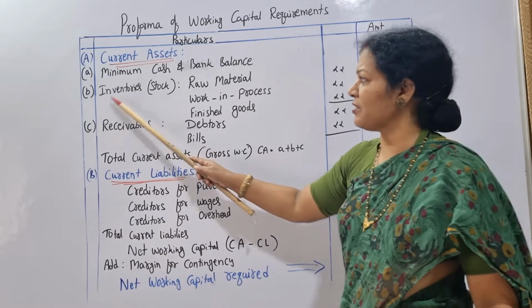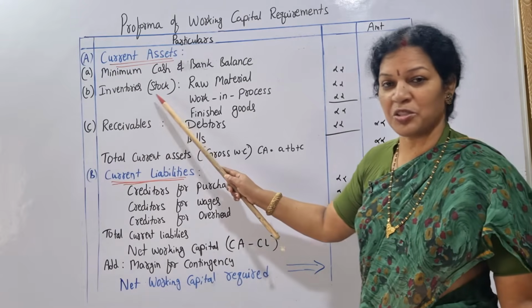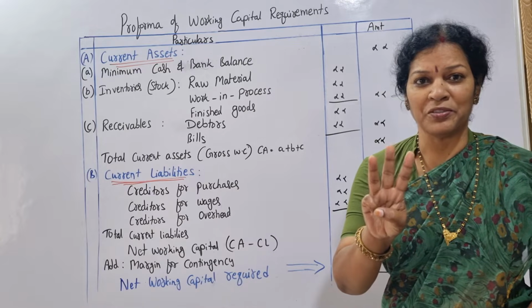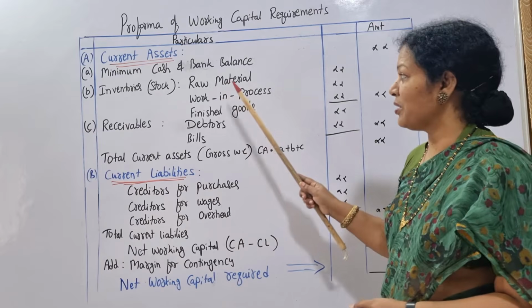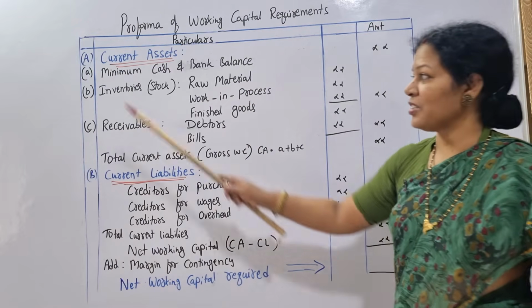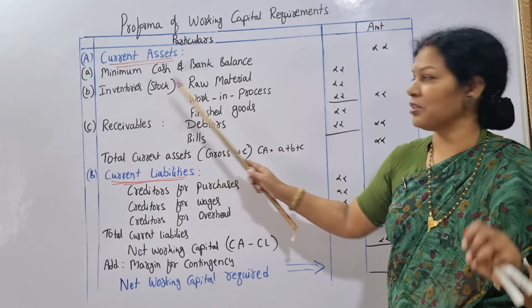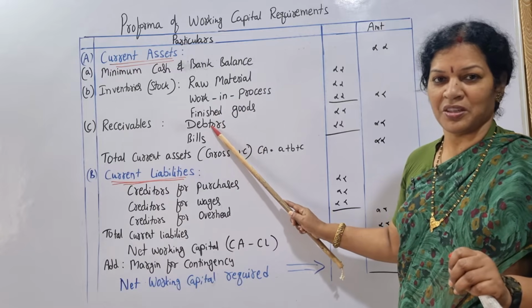Then the second current asset is inventories. Inventories, in other words, we say it as stock. Stock or inventory is divided into three parts. We have studied this in cost accountancy, right? So what are those? Raw material, work in process, and finished goods.